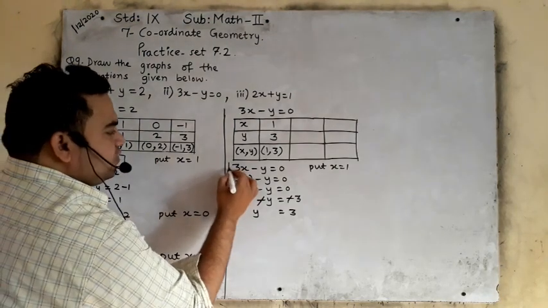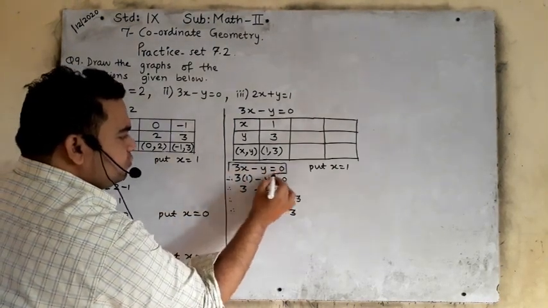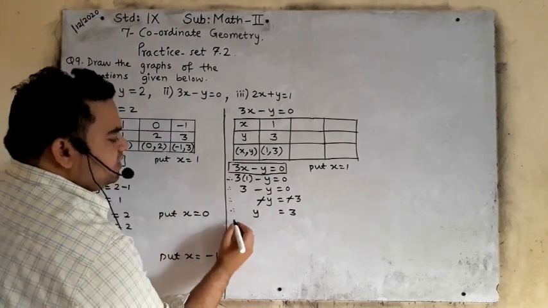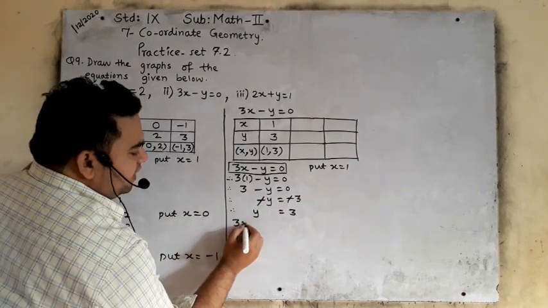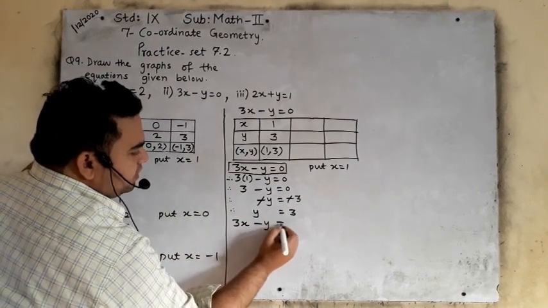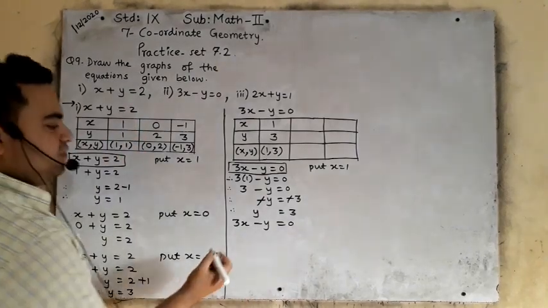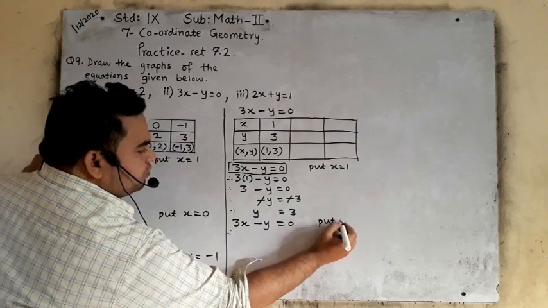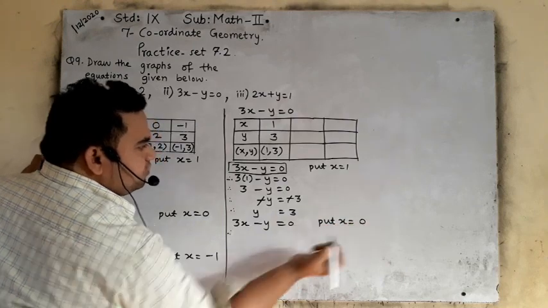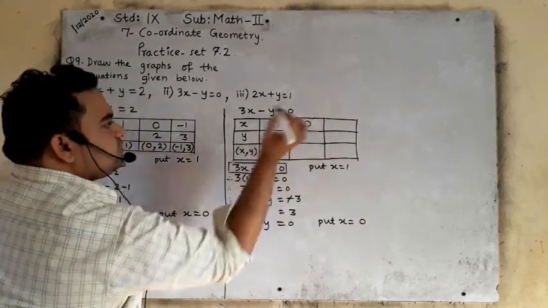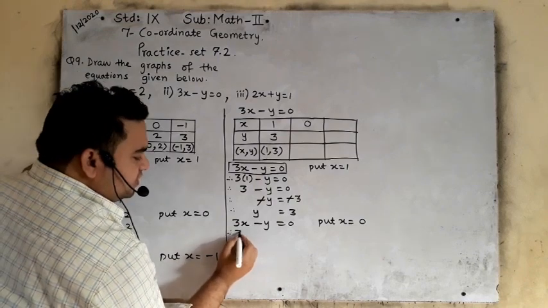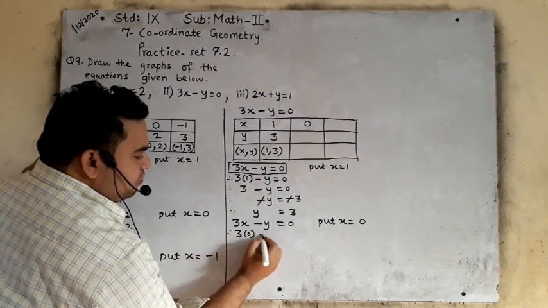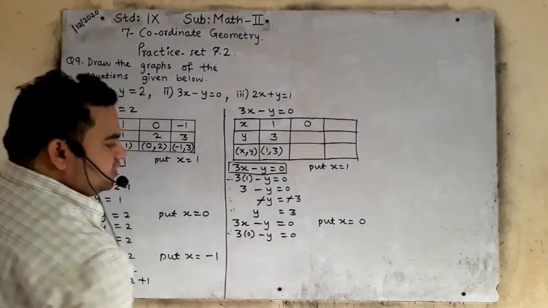Again you will write this equation only. You have to use the same equation two more times. So you will write 3x minus y is equals to 0. Then you will solve. Put x is equals to 0. Then you will write x is equals to 0. Then you will put here 3 multiplied by 0 minus y is equals to 0.